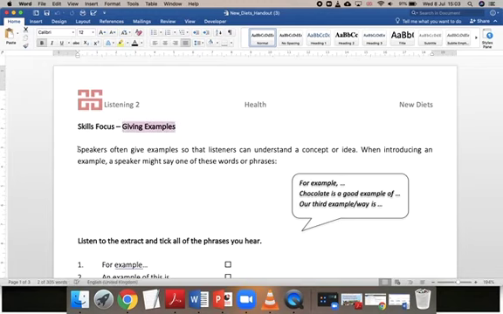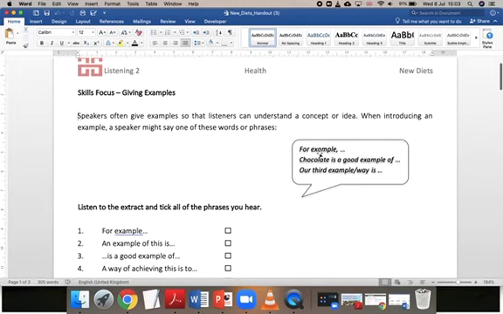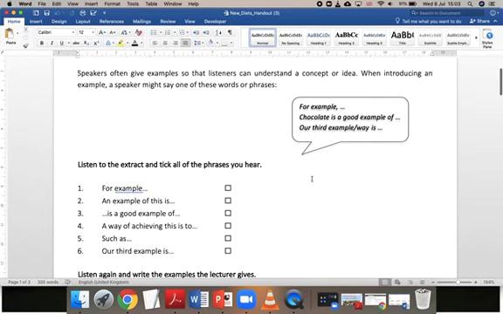Speakers often give examples so that listeners can understand the concept or idea. How can they do this? For example, chocolate is a good example. Our third example is, or our third way is, so different ways.